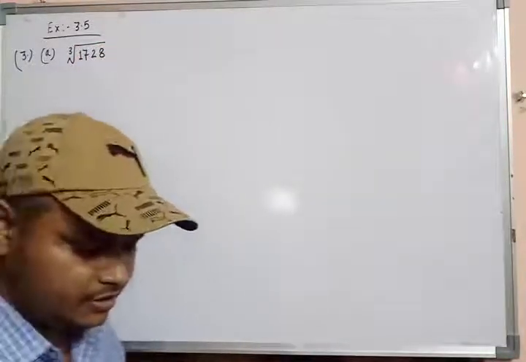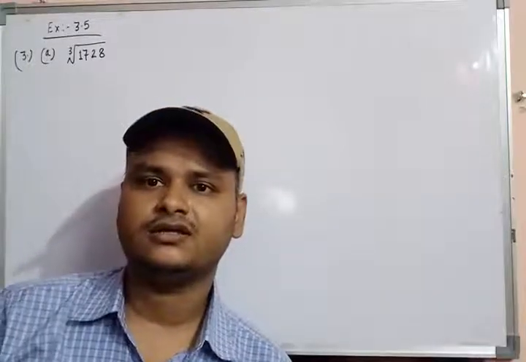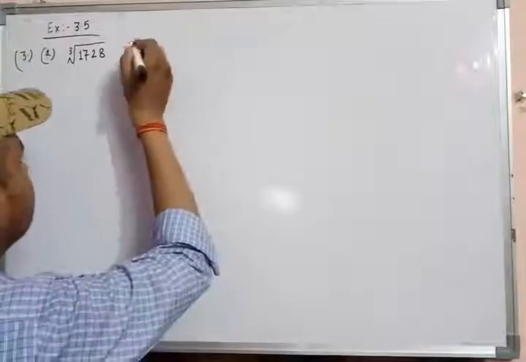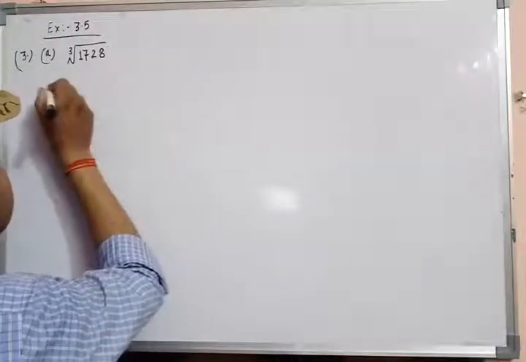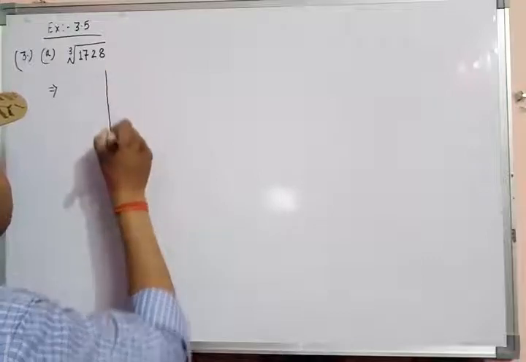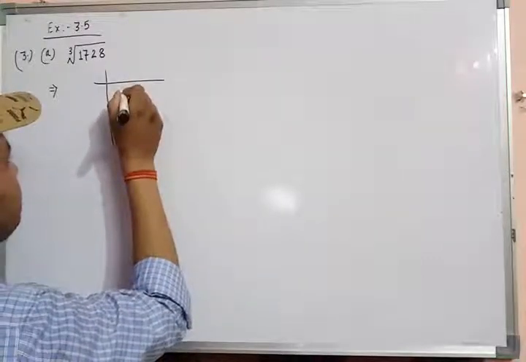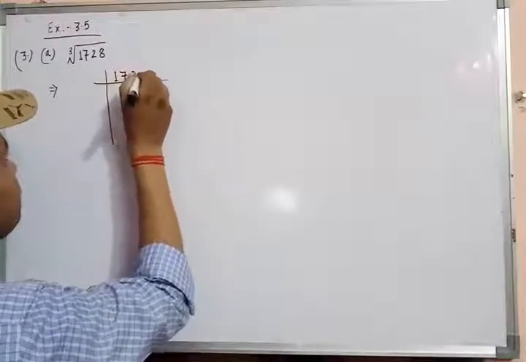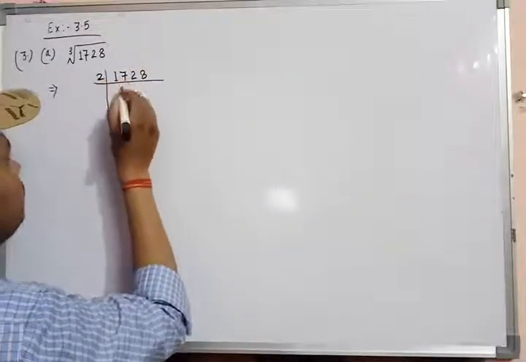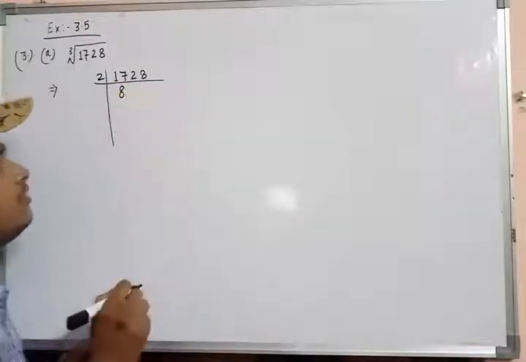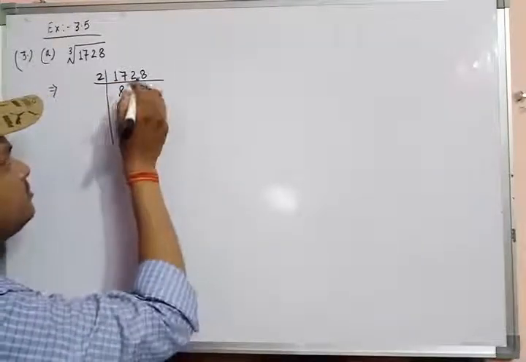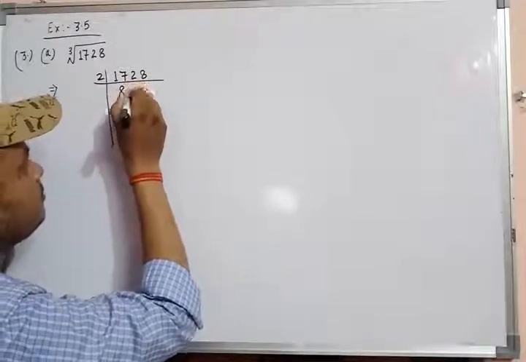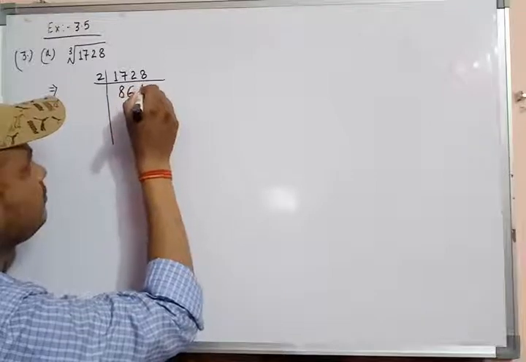First of all, you have to find the factors by the division method like this. This number is divisible by 2. 2 8s are 16, 1 carry, 2 6s are 12, and 2 4s are 8.